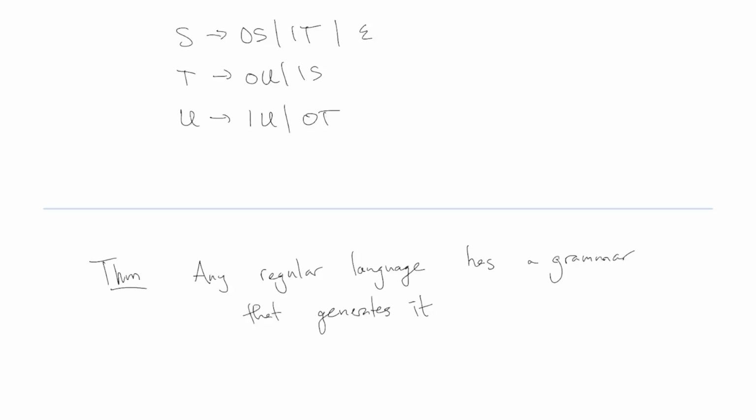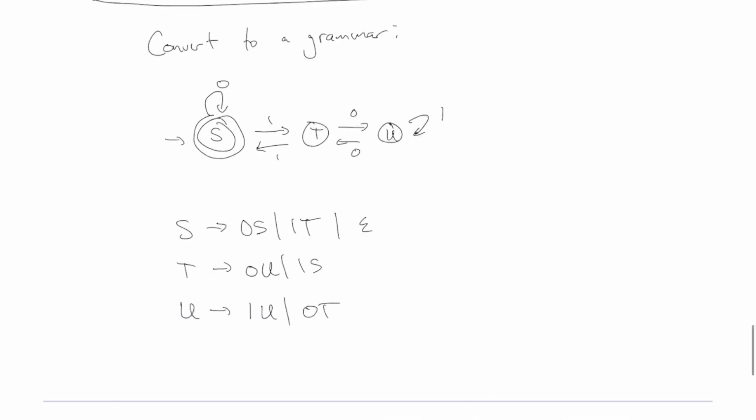The converse is not necessarily true. That is to say, if you have a grammar that generates a language, it doesn't mean that it has to be regular, because we've already seen there are some examples that are not regular. So you might ask, we just showed that starting from an NFA you can make a grammar out of it. Is it possible to go the other way around? Starting from any grammar, can I make an NFA out of it? The answer is no, because some grammars are not regular languages, and so you can't make an NFA out of it.